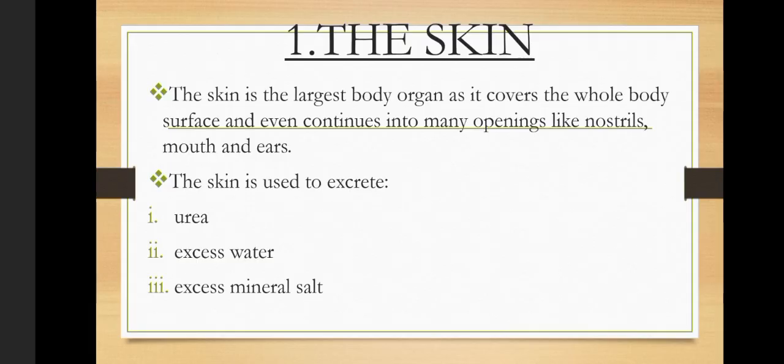Grade 7 learners, humans have so many organs, and out of the many organs that they have, the largest organ of them all is the skin. Skin is used for excretion, and the main waste products removed from the body through the skin include number 1, urea, number 2, excess water, and number 3, excess mineral salts.